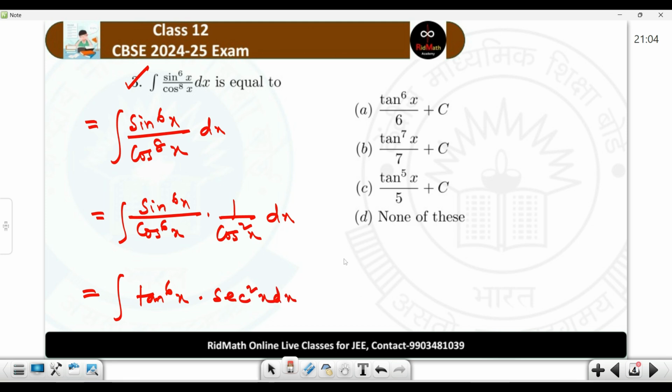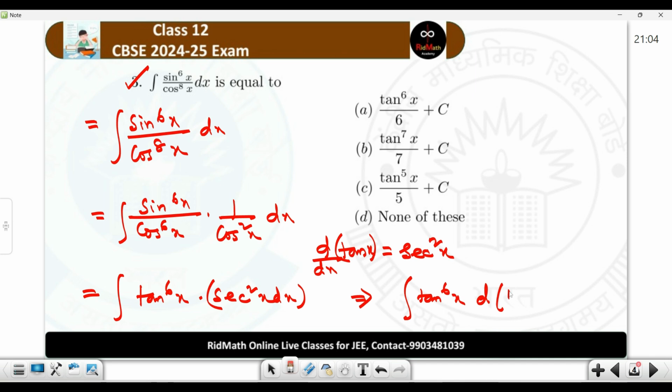So you know that d/dx of tan x is equal to sec square x. So this will give integration tan to the power 6x d tan x, since sec square x dx gives d tan x. That means this will give tan to the power 7x divided by 7 plus c. Okay, so option B again is correct.